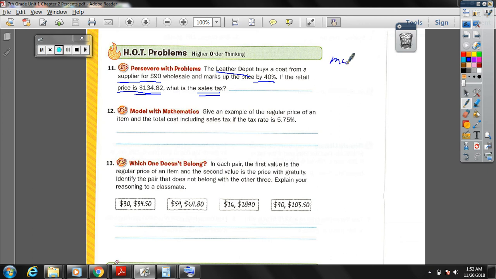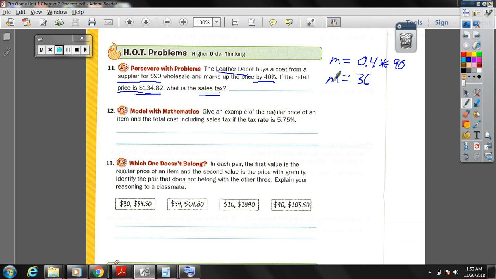So, following closely to example 4, with the markup, we are going to do $90 times 40%, or 4/10 times 90. When we simplify this, we're going to find that this equals 36.